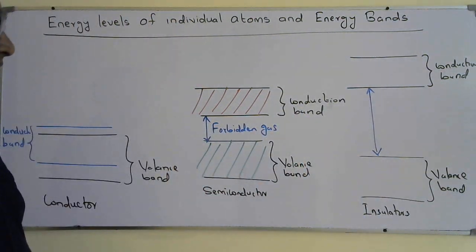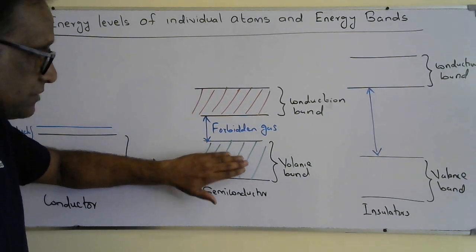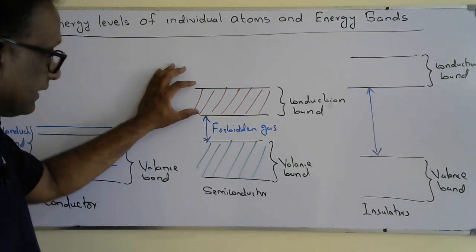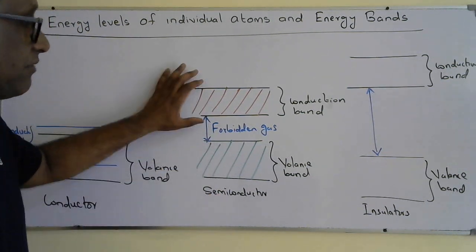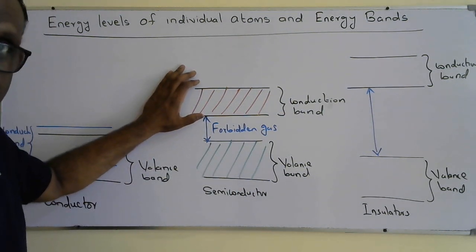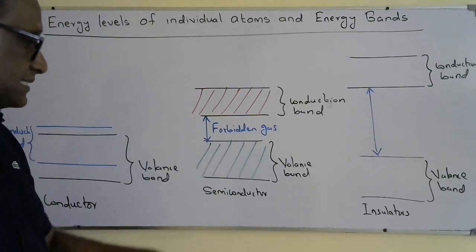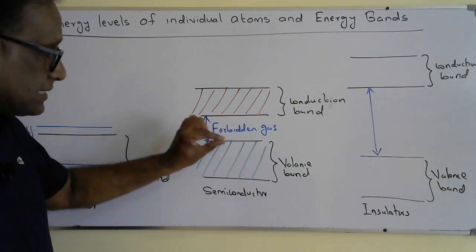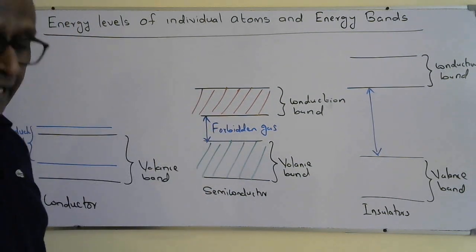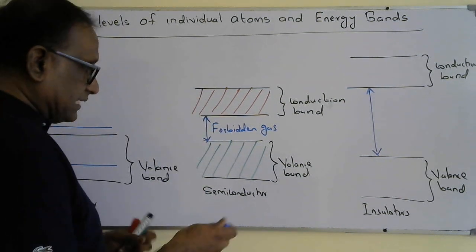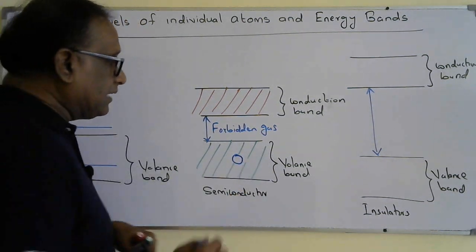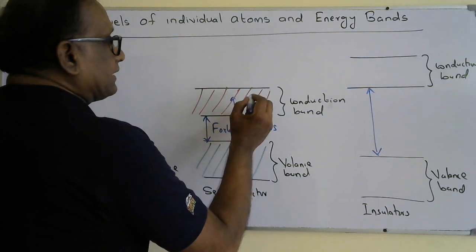In a semiconductor, again, electrons can be excited from the valence band to the conduction band. At 0 Kelvin, absolute 0, yes, the conduction band is empty, so the semiconductor behaves like an insulator at 0 Kelvin. But when the temperature increases, the electrons absorb the thermal energy and are excited from the valence band to the conduction band.